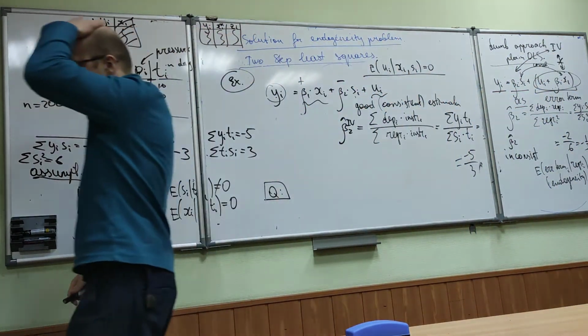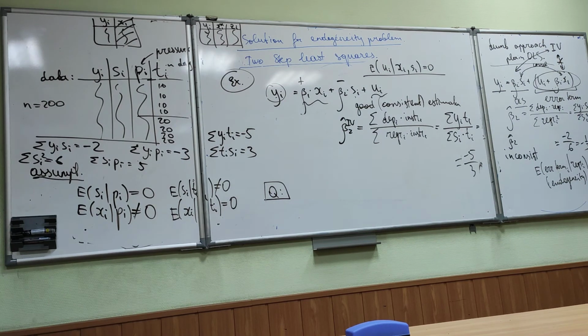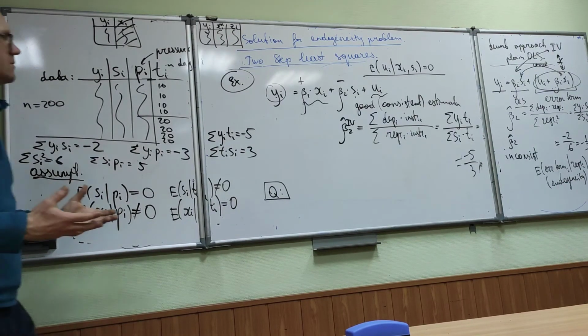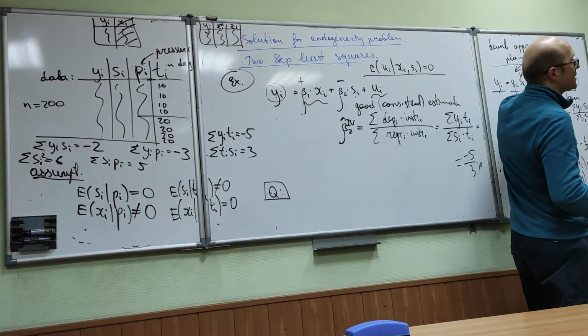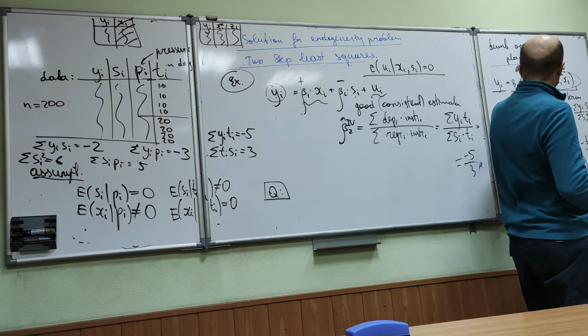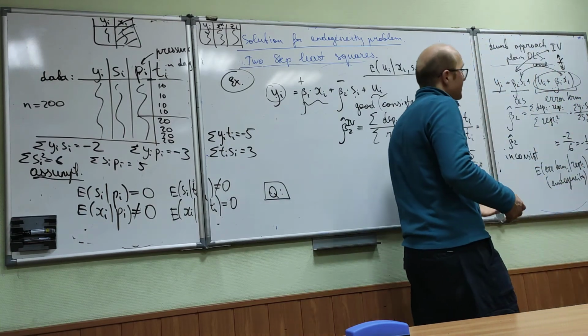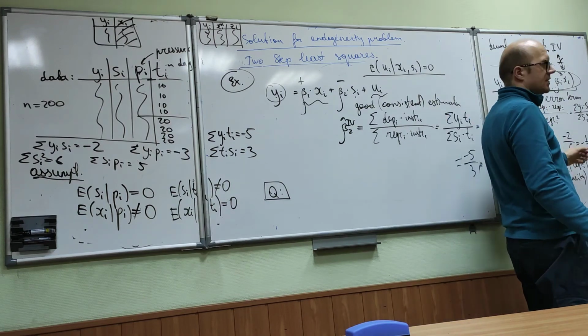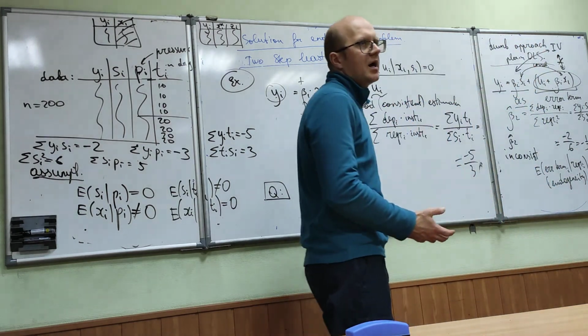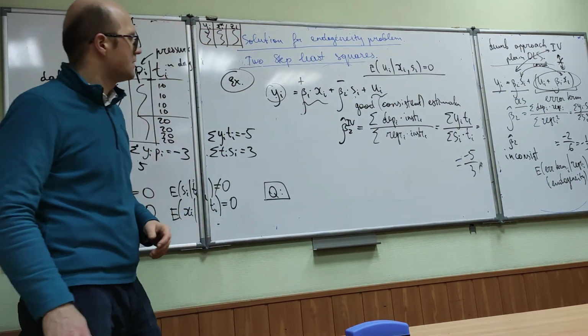I will try to post some exercises. But basically, we have the situation when the regressor is correlated with the error term. We cannot do just a simple regression because it will provide us an inconsistent estimator, too low or too high, we don't know in general.